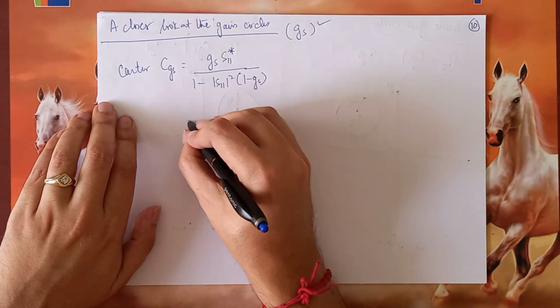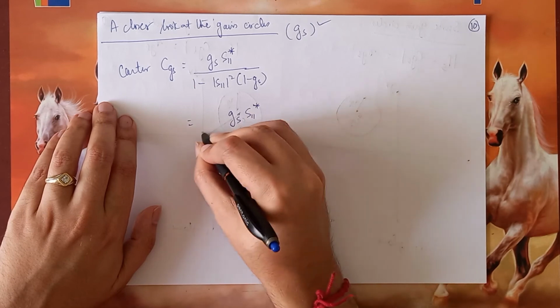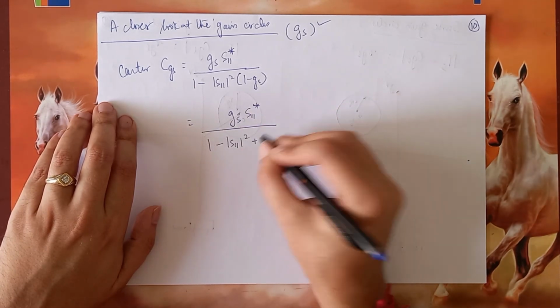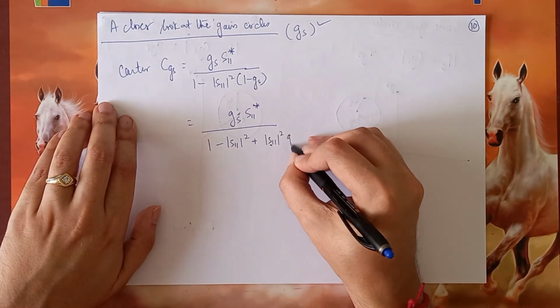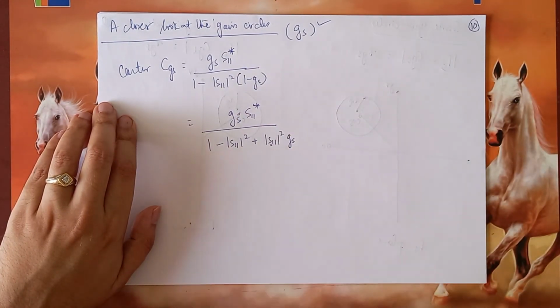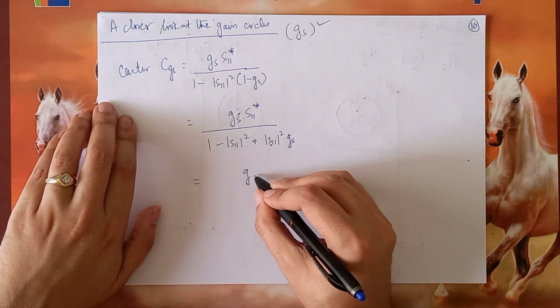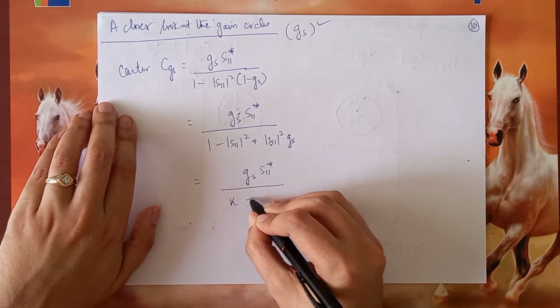So if I open this, what I will get is G_S S11 conjugate divided by 1 minus mod S11 squared plus, this minus into minus will become a plus, mod S11 squared times G_S. This is a constant. So again, we can write this as something divided by some K plus G_S times a term.